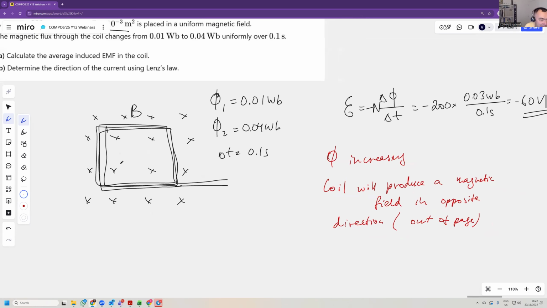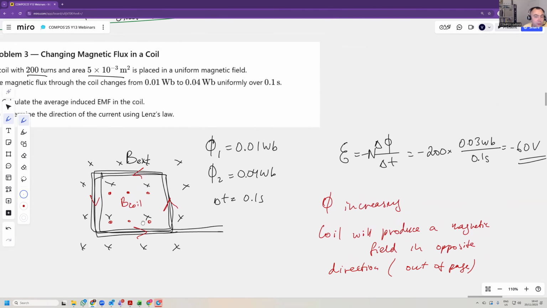The black is the field of the external magnet, and the coil will produce a field out of the page. Using the right-hand rule, we grab the coil so the field is towards our face, so the current will be anti-clockwise. So the induced current will go in an anti-clockwise direction.